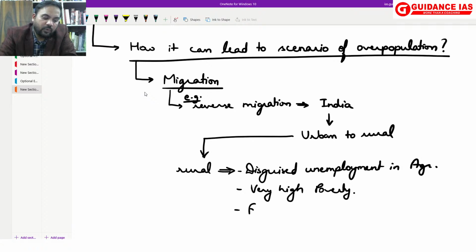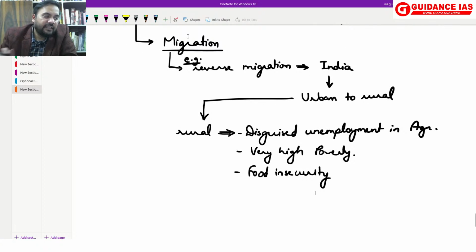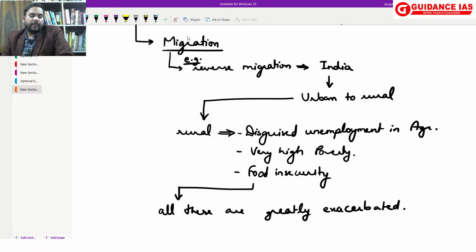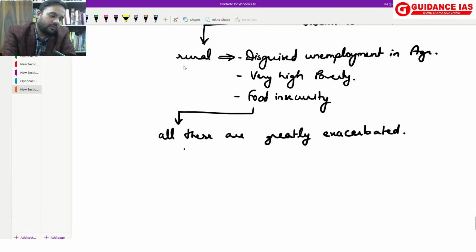There is already food insecurity in rural India. Can I say with this reverse migration, all these are greatly exacerbated? Yes or no? So in rural India, can I say such reverse migration is leading to greater overpopulation?